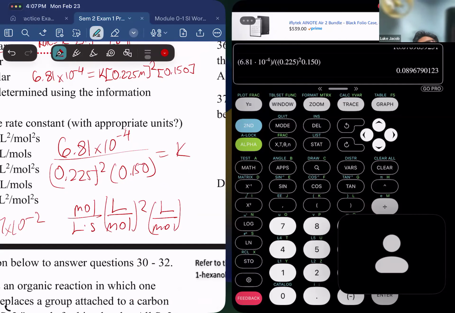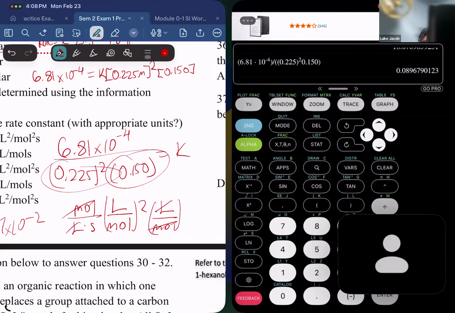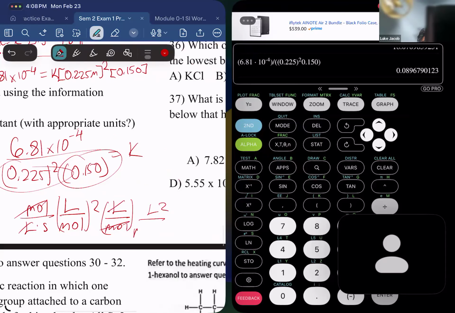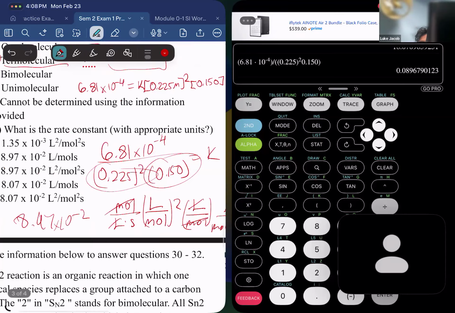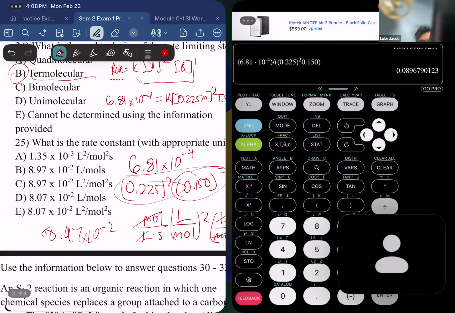Because that's essentially what's happening here. We divided it. And remember with the rules of division, when dividing something, you have to flip the fraction. So in this case, we see that liters and liters cancel out, moles and moles cancel out, and we're left with liters squared over moles squared times seconds, right? And so the answer choice in this case is going to be C.